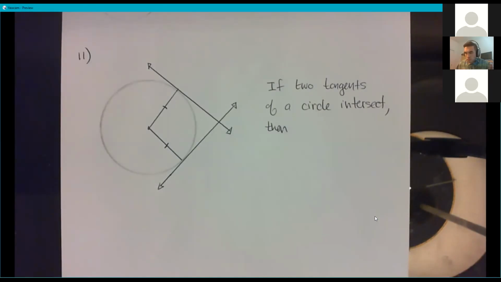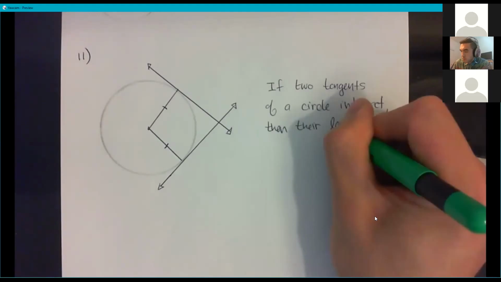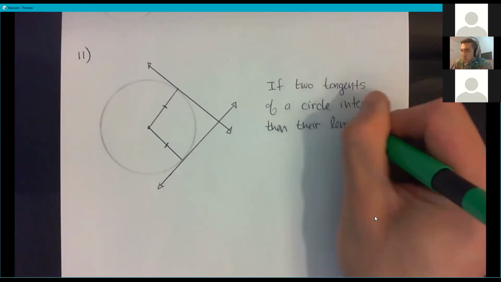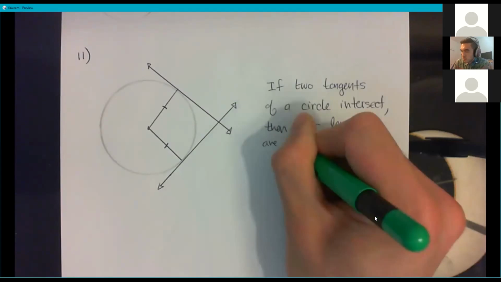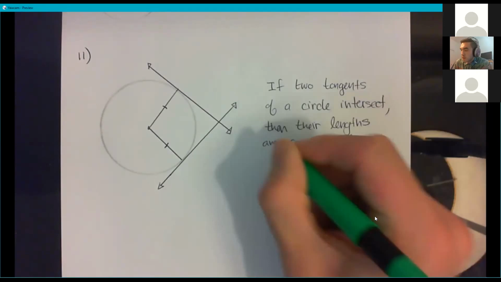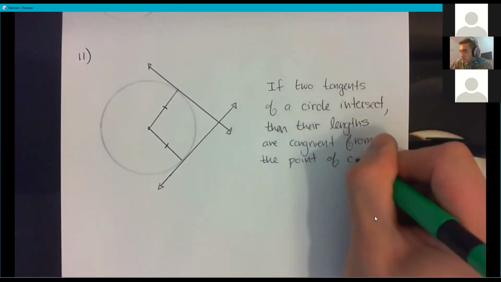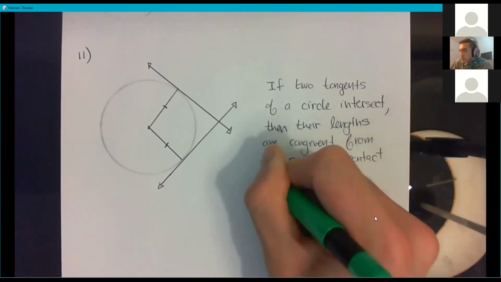The radii. Obviously, that's given. Then the tangents are congruent. The tangents are also congruent. If two tangents of a circle intersect, then their lengths are congruent, from the circle, or I should say from the point of contact, to their intersection.